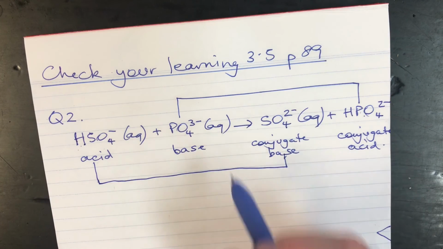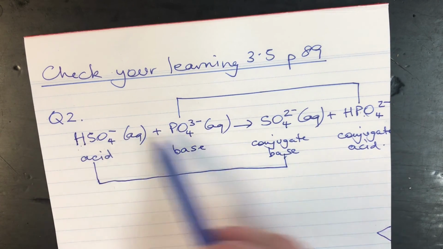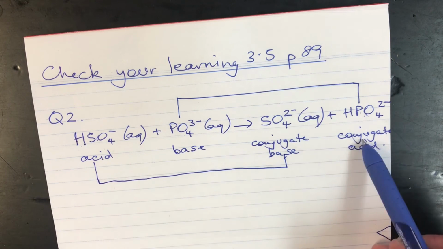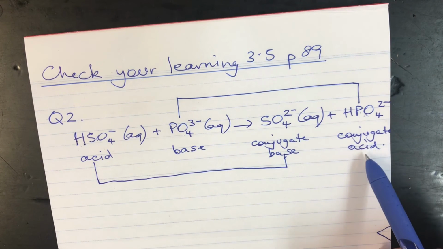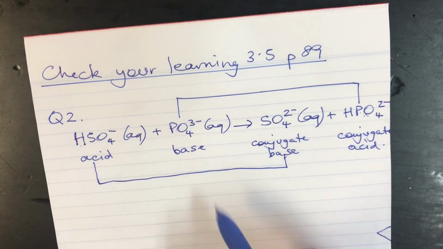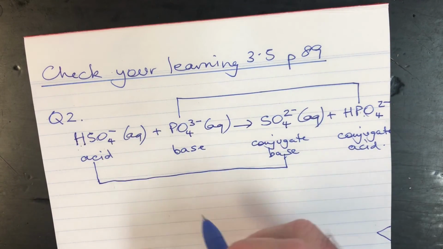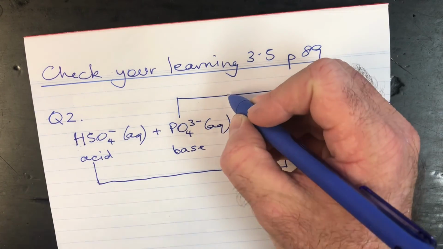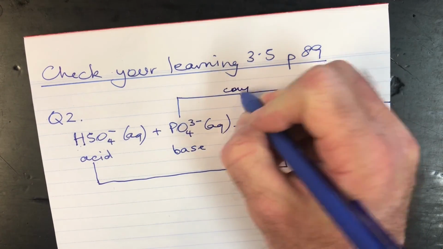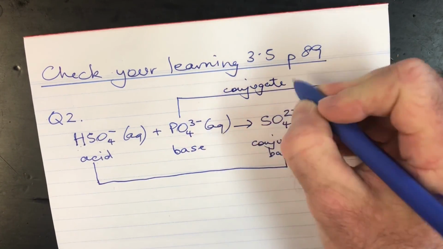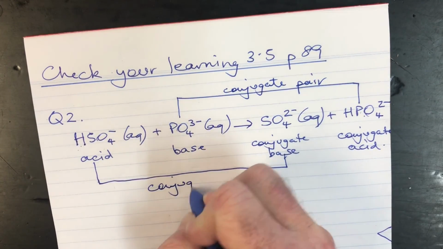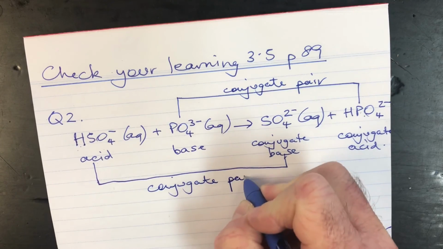Okay, so don't let me see you linking, for example, if this was an exam question, linking the sulfate to the phosphate. Okay, it all makes sense. So this is one conjugate pair, and this is the other conjugate pair.